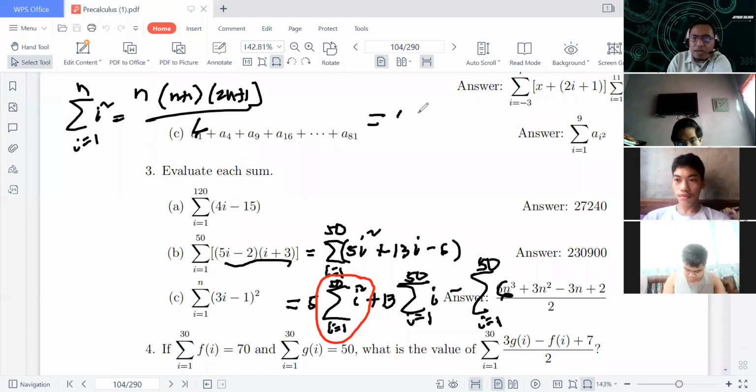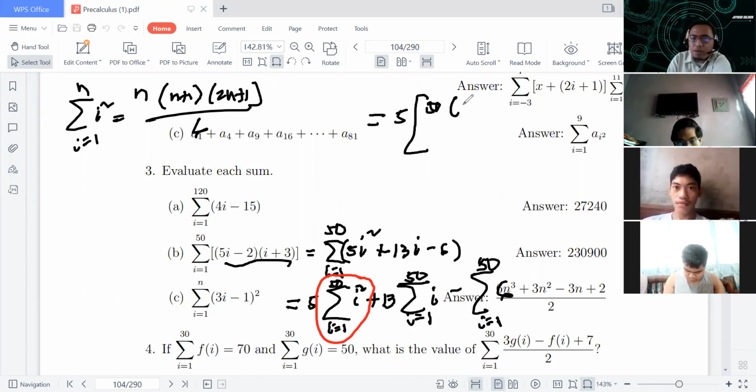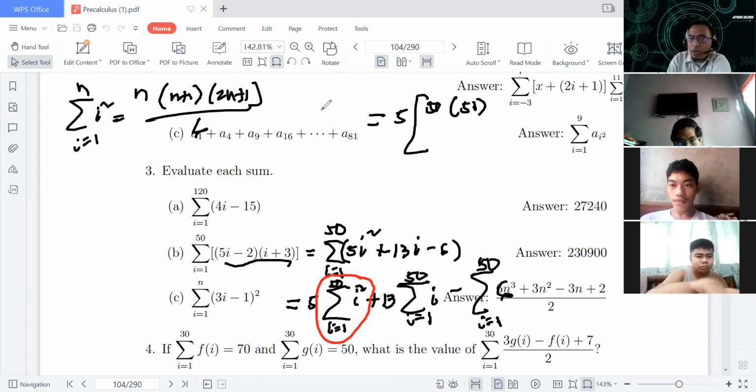So let us write it here. It will be 5 times, following this, 50 times 51. Why 51? Because n plus 1. Then 2n plus 1: 50 times 2 is 100, plus 1, 101. Right?